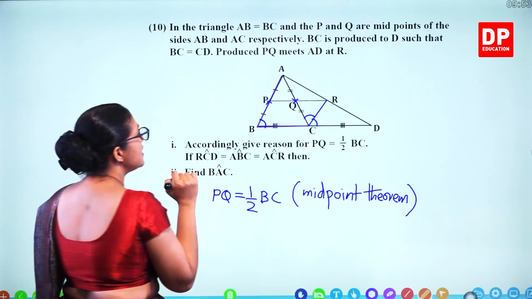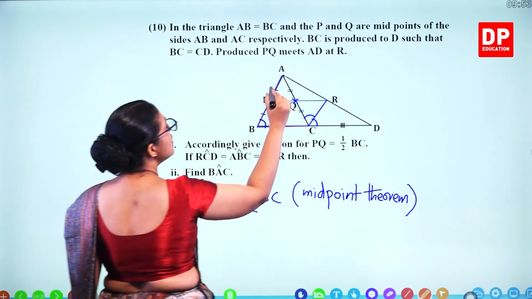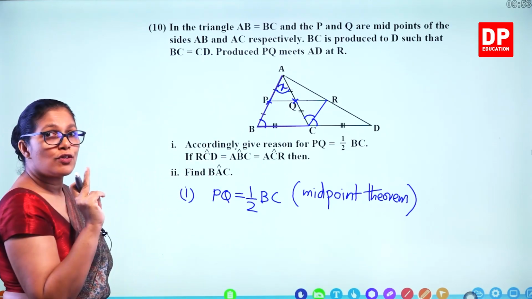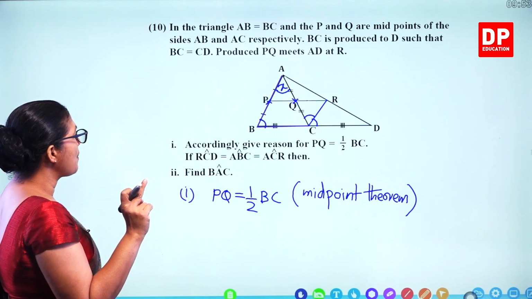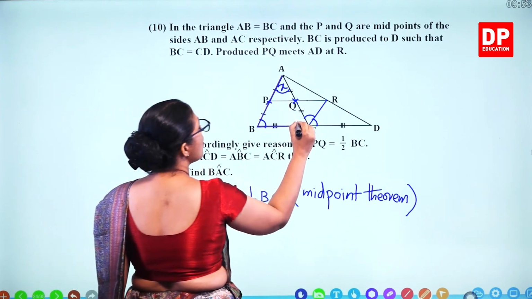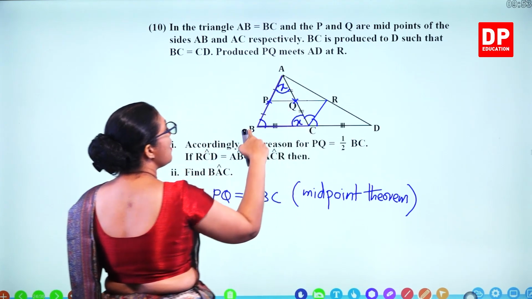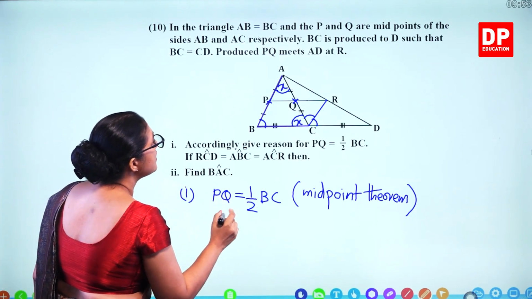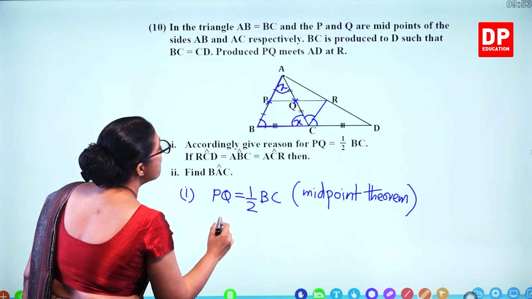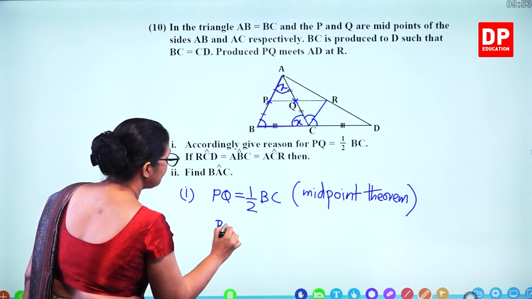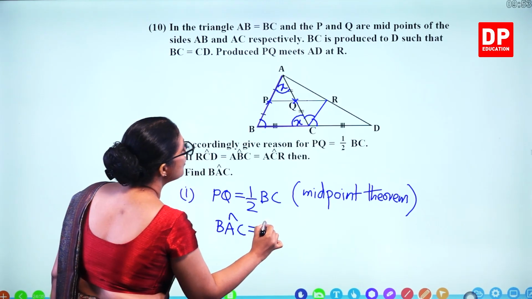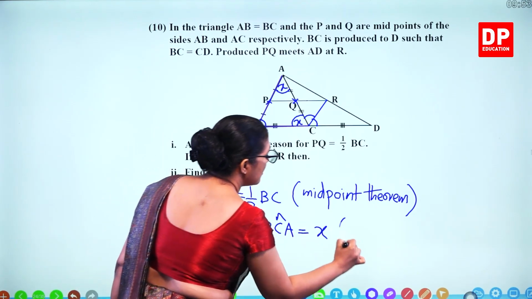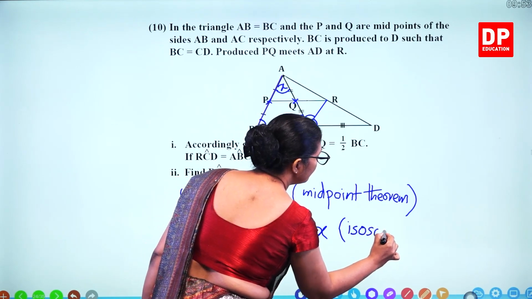This angle we need. So here we'll put X here because we want to find out that angle. So X for BAC. If this is X, this is also X because AB is equal to BC. So can we write that BAC is equal to BCA. I'll put X. Isosceles triangle.